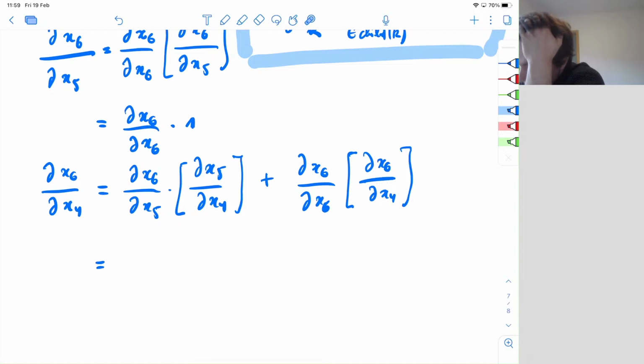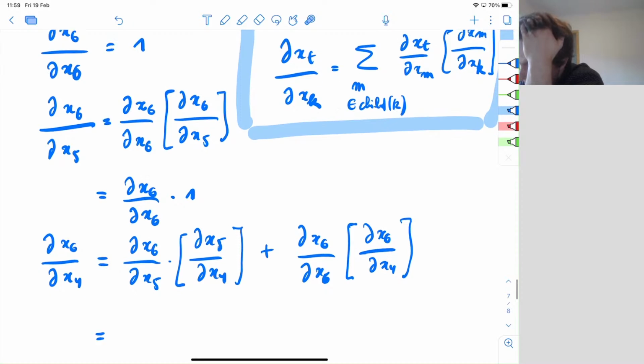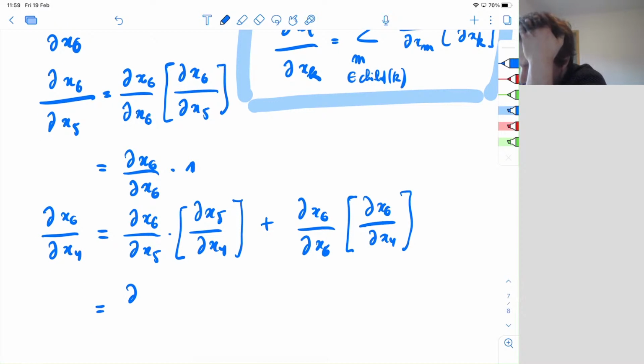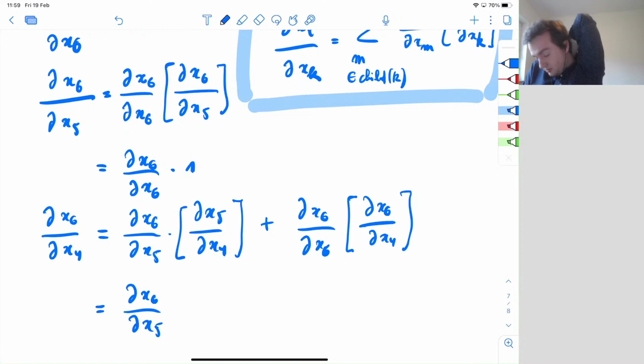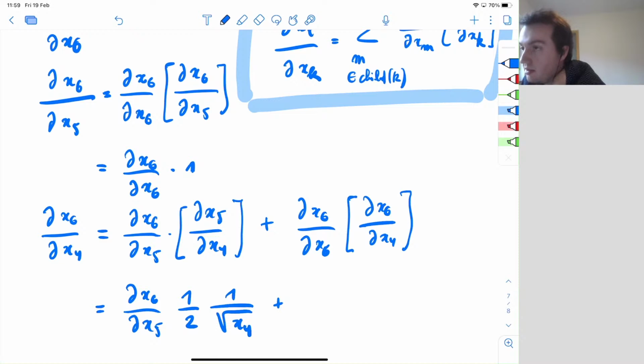These two vectors we do know from previous iterations, right? It's this one and this one. And now x5 with respect to x4. So x5 is the square root of x4, so it's equal to 1 over 2 times 1 over the square root of x4, plus x6 with respect to itself.